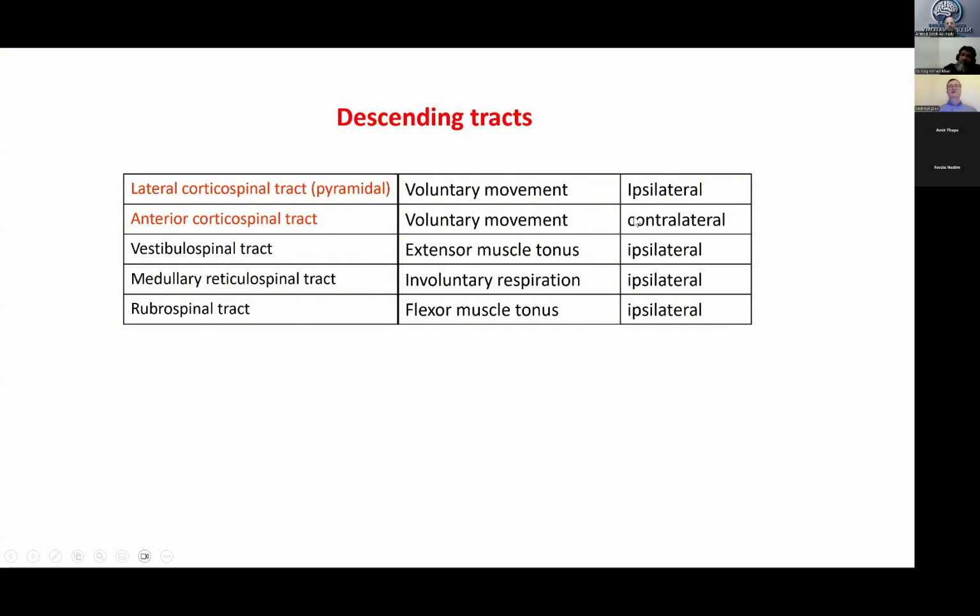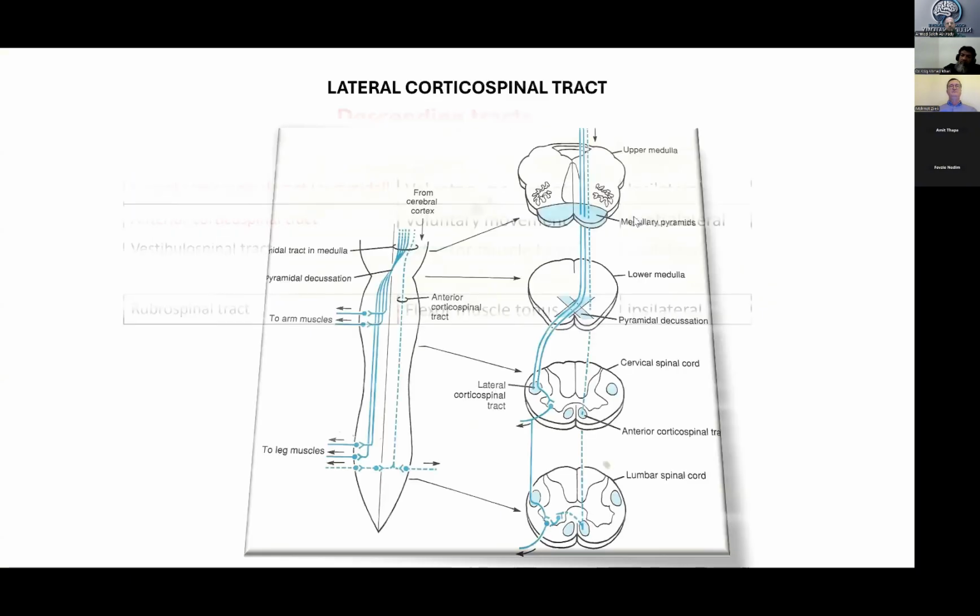It is from contralateral. This is the representation of the corticospinal tract. The decussation is in the lower medulla oblongata.